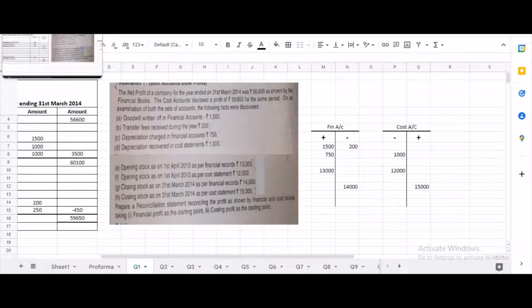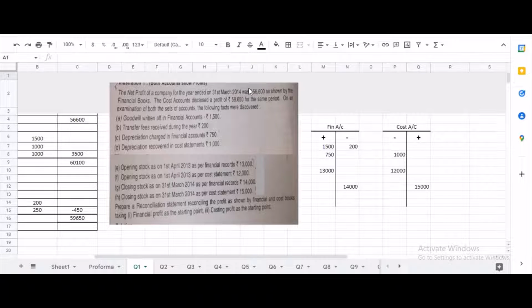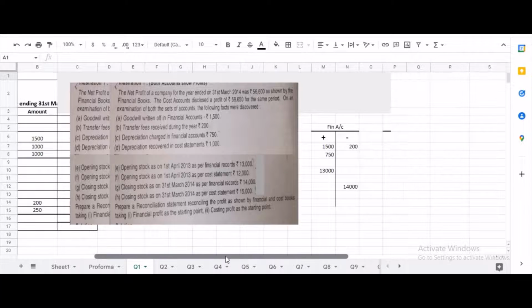The net profit of a company for the year ended 31st March 2014 was 56,600, which is the financial profit.